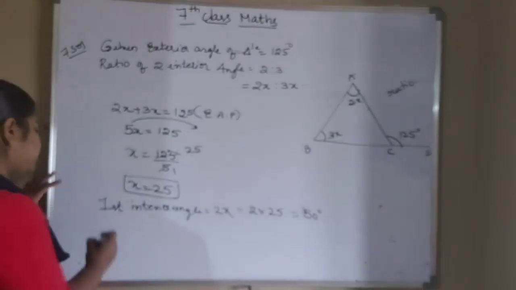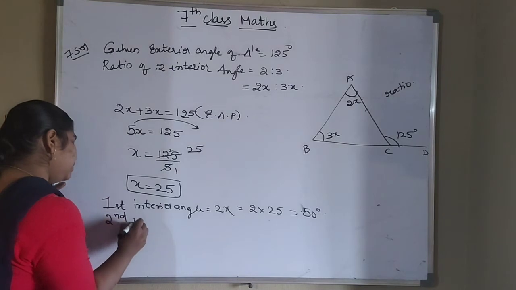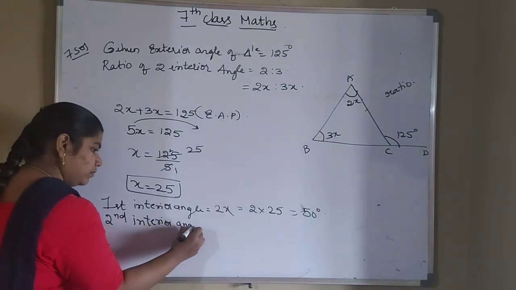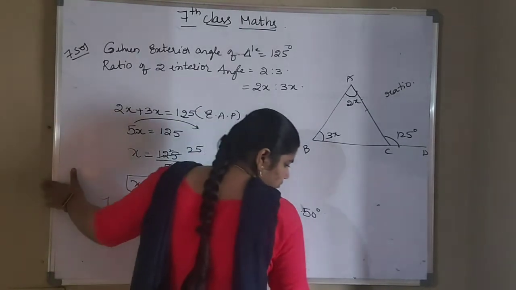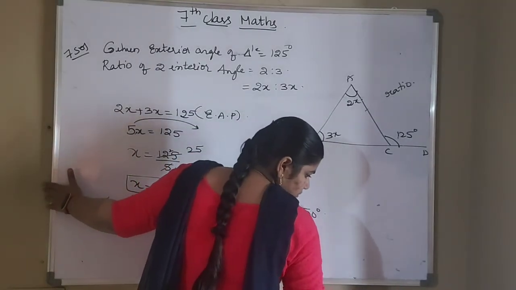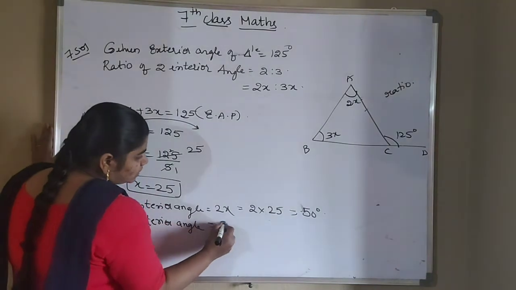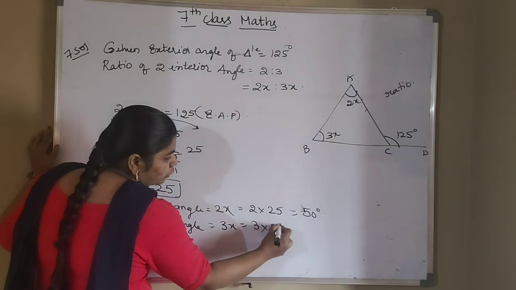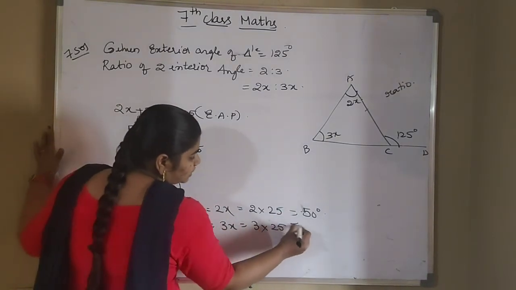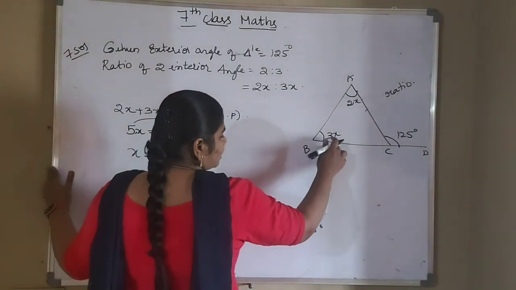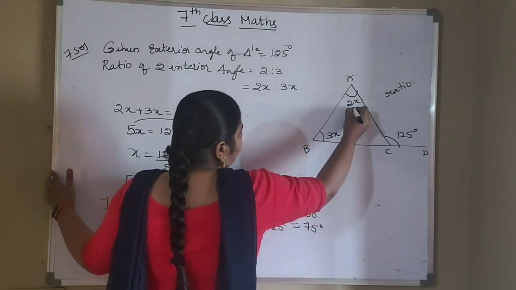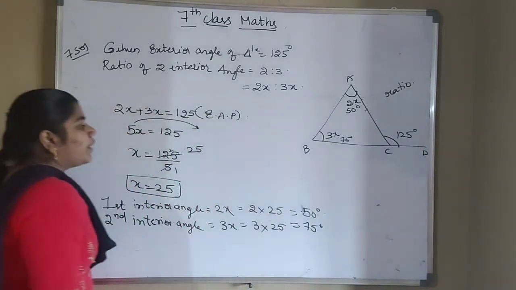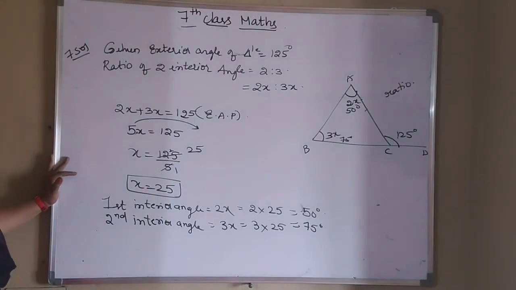Now the second angle. The second angle is 3x. So 3 is a constant value. The x value is 25. 25 threes are 75. So the second angle is how much? This is 75 and this is 50. 50 plus 75 will be equal to 125. So this is our seventh solution.